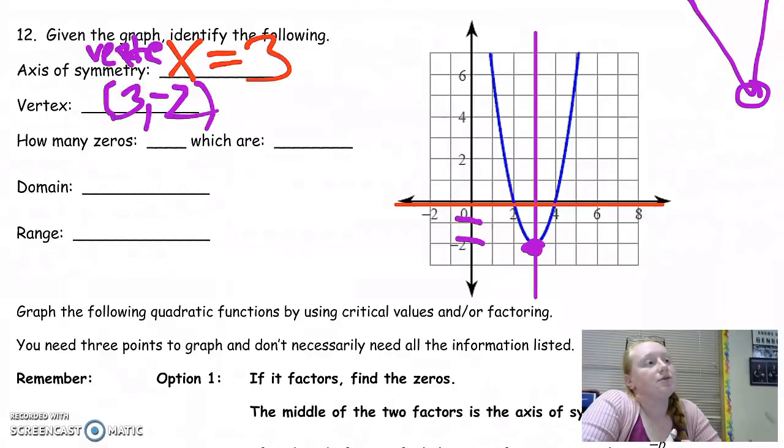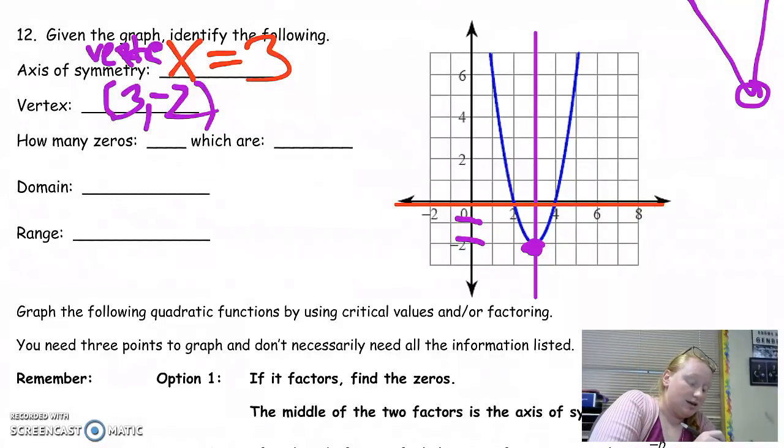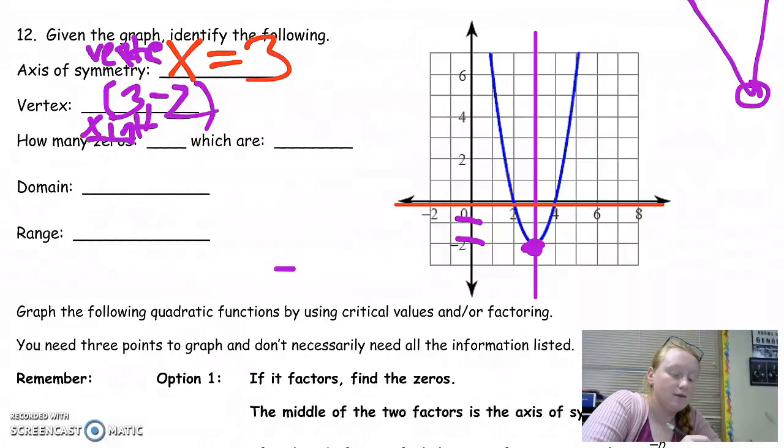So how many zeros are there? How many x-intercepts? That's how I'm going to ask the question. How many x-intercepts are there? There's 1, 2 of them. Where are they located at?